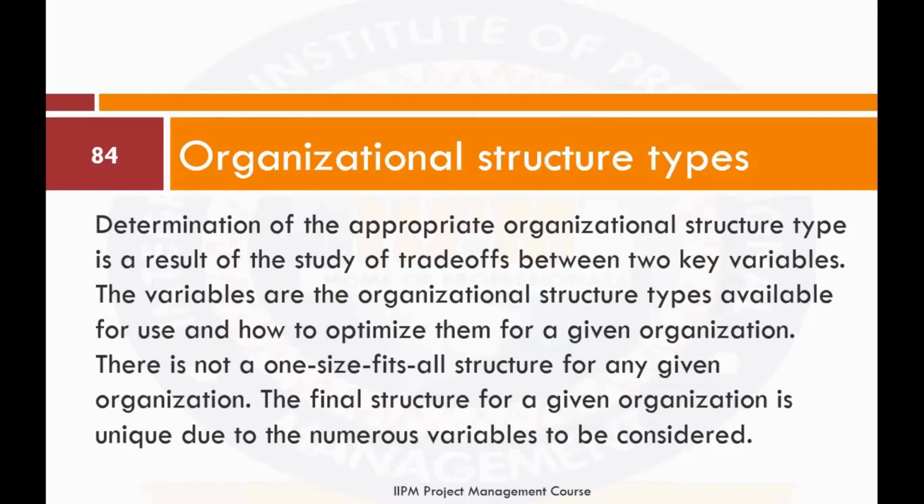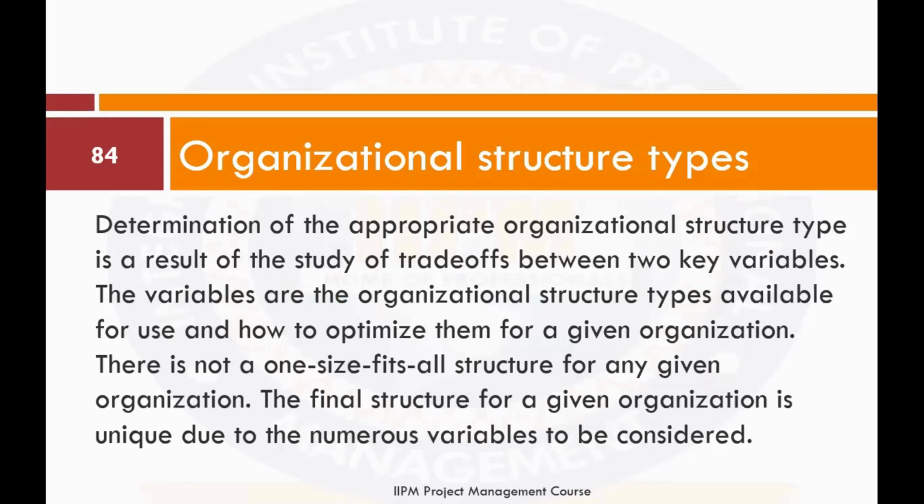And most often this comes with testing and trying. Not really trial and error, but testing, trying and adjusting. So the determination of the appropriate organizational structure type is a result of the study of trade-offs between key variables.